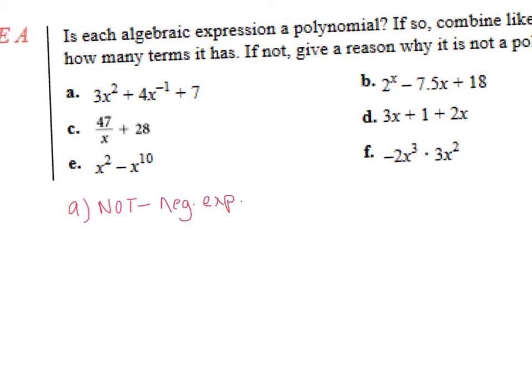Part B, we don't have any negative exponents. We don't have any x's in the denominator or fraction exponents, but we do have a variable in the exponent. We've got an x in the exponent, and that is not allowed. So we can say no. We have an x in the exponent.